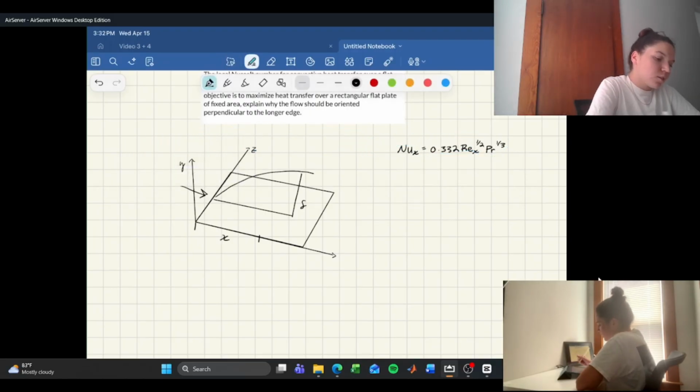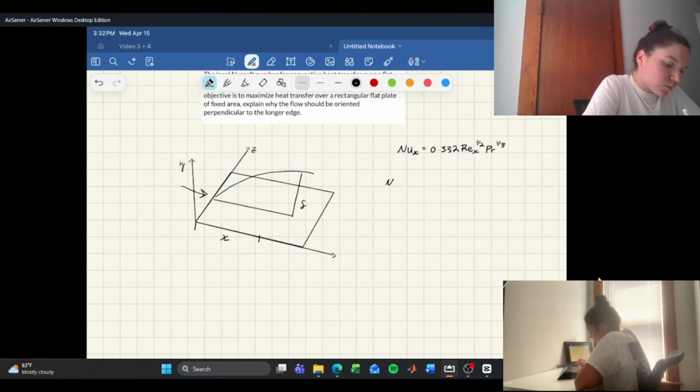Okay, so Nusselt's number is just a ratio between convective and conductive heat transfer.